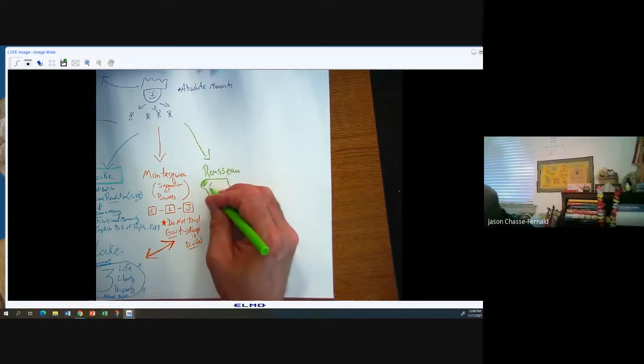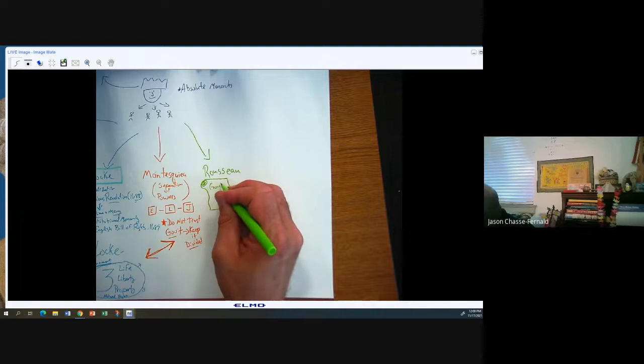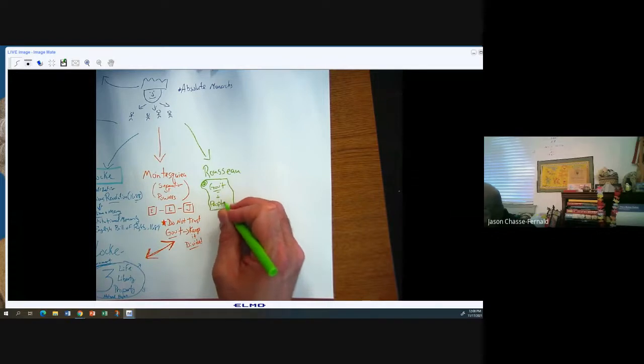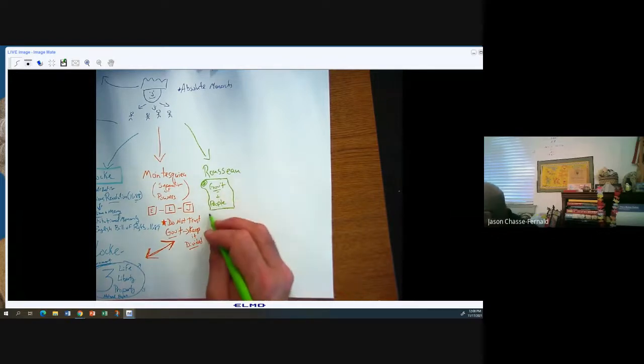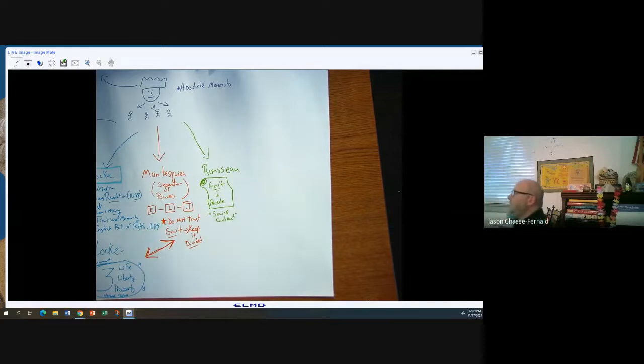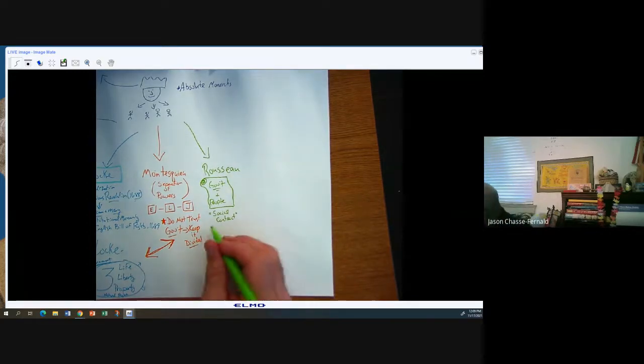So the government plus the people act as one. There is a social contract between these two, and these two are not as compatible.